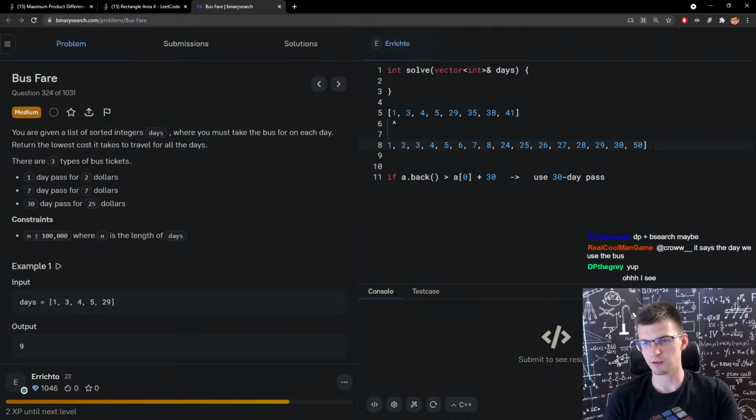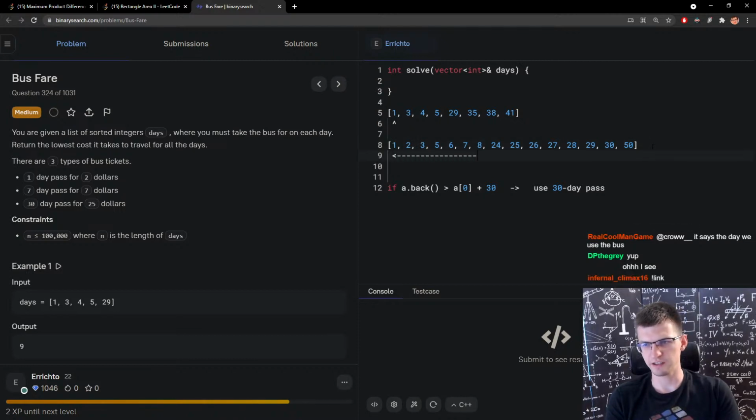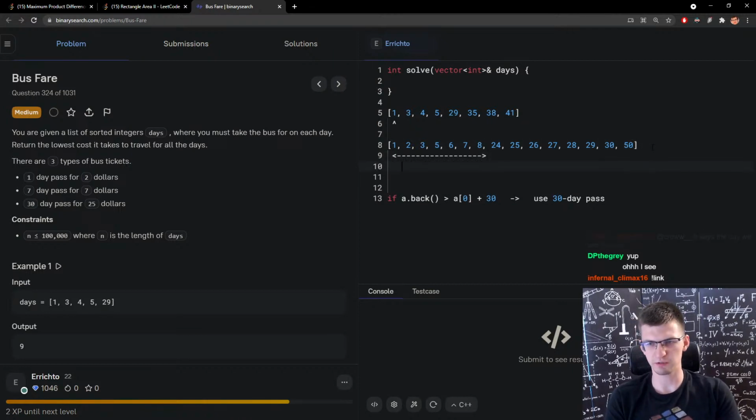Now we do something for 7 or 8 days, and there could be gaps. It doesn't change much if I remove, let's say, 4. Still, there are 8 kind of consecutive days. I'm quite sure that it will be good to handle them in the format of a 7-day pass plus a 1-day pass.